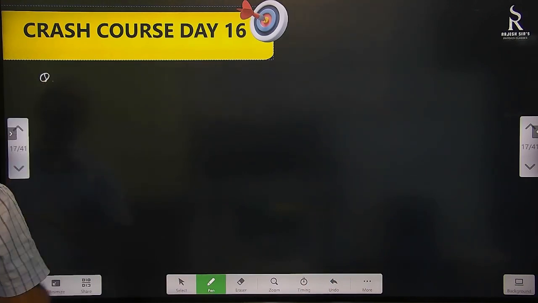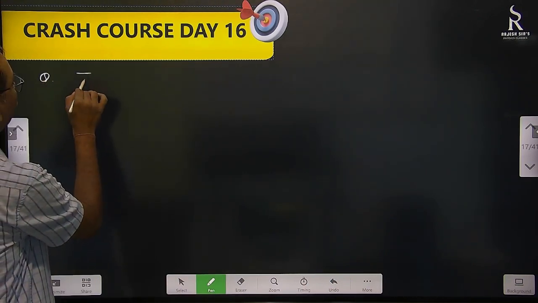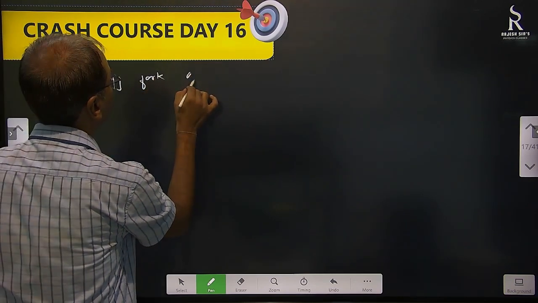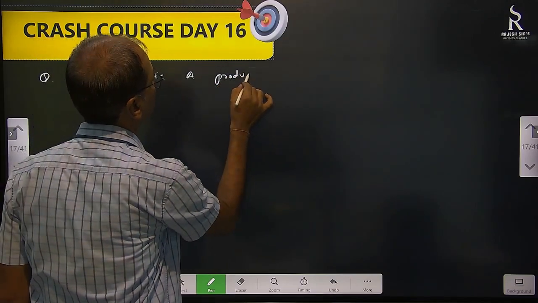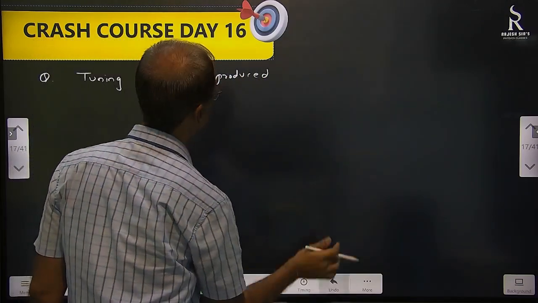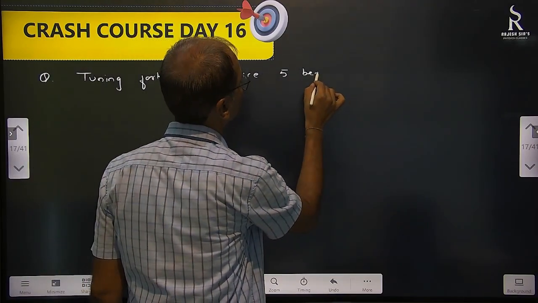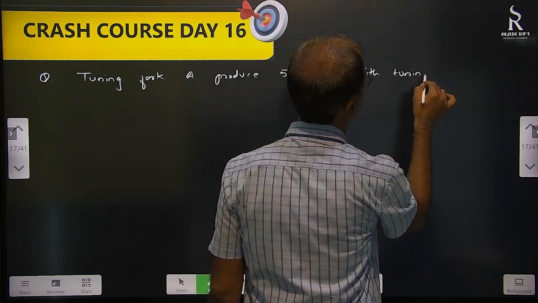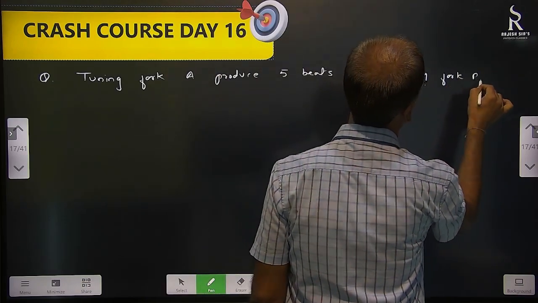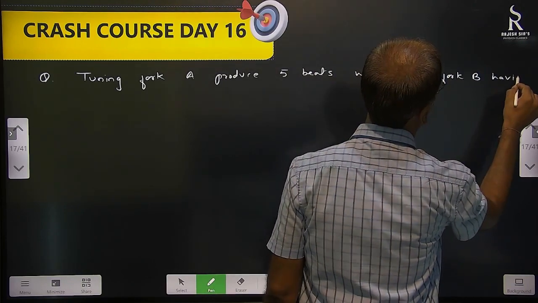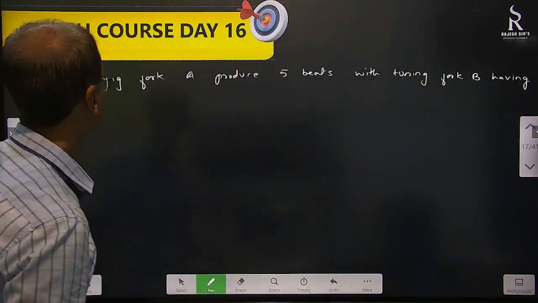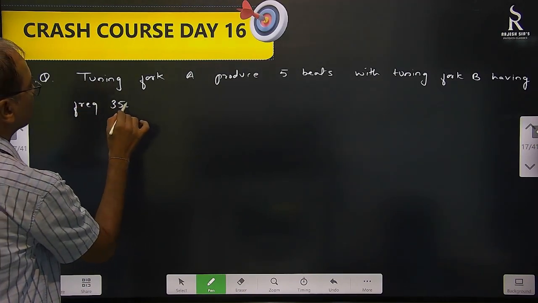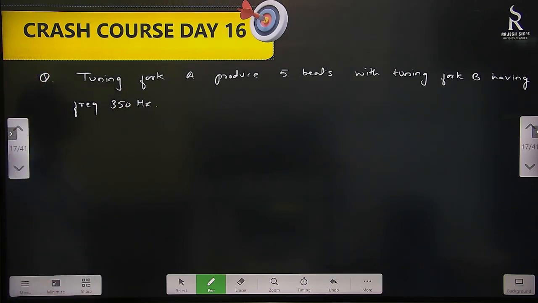The question says: tuning fork A produces 5 beats with tuning fork B having frequency 350 Hz.